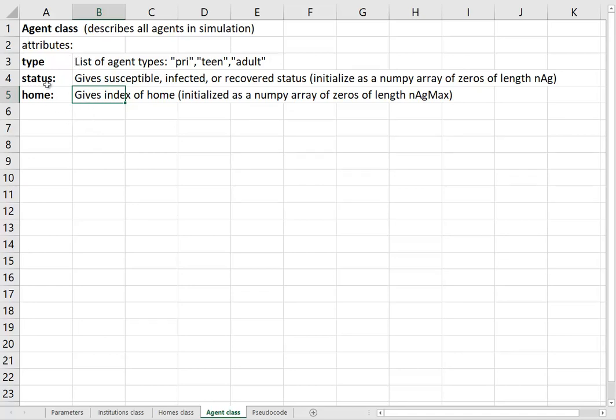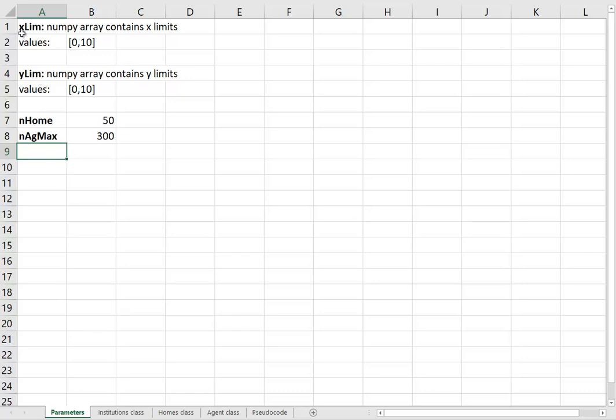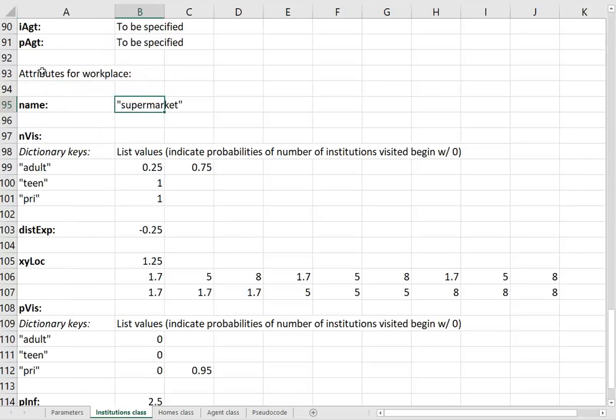All right, so those are our classes. So your first task will be to initialize these parameters, which will basically be 4 statements. And then you'll also initialize these classes. You'll define these classes, and you'll define instances of these classes. All right.